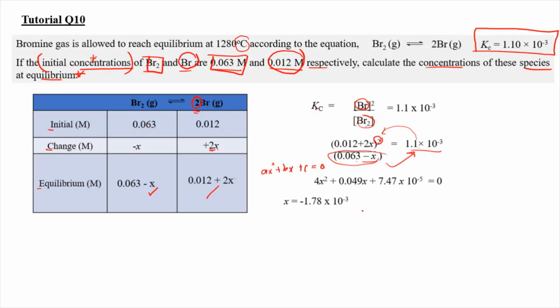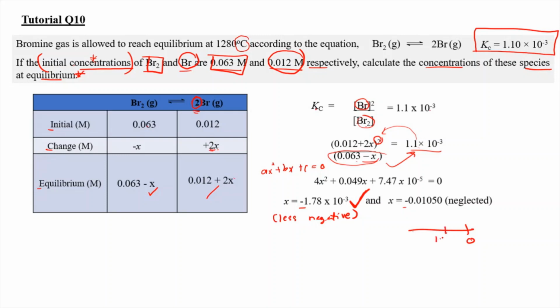So you get x is equal to negative 1.78 times 10 to the power of negative 3, and then you're going to get x is equal to negative 0.0105. Both of these values are negative, but we should take the less negative. So the less negative value is taken. You can imagine it to be like 0 here, right?